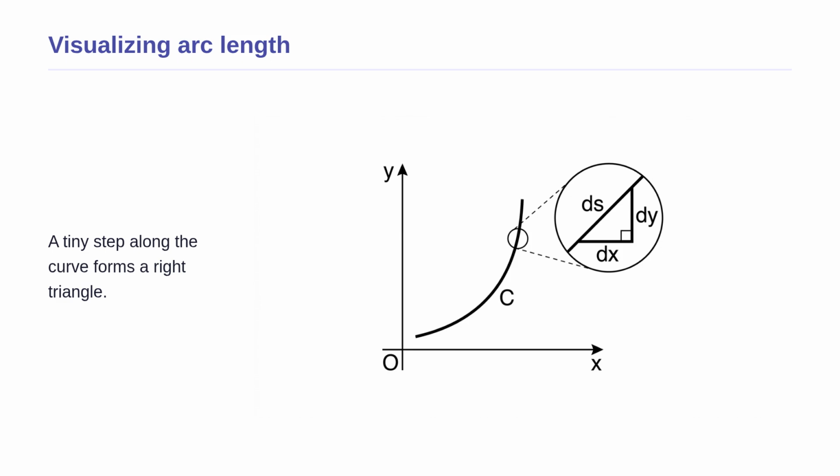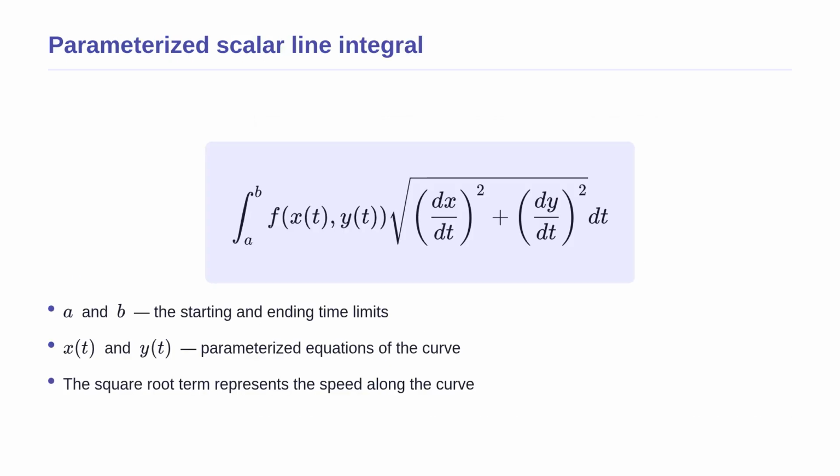The horizontal base of this triangle is a tiny step in the x direction, and the vertical height is a tiny step in the y direction. By using the Pythagoras theorem on this tiny triangle, we can measure the exact length of the curved path perfectly. This visual understanding of the tiny triangle leads us directly to the final usable formula for a scalar line integral.